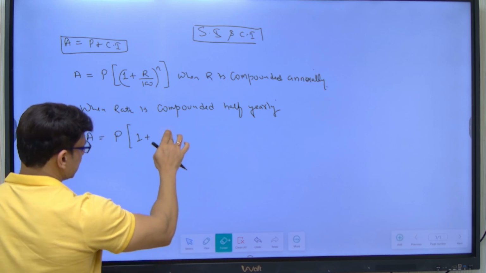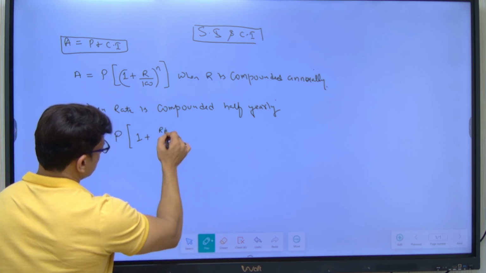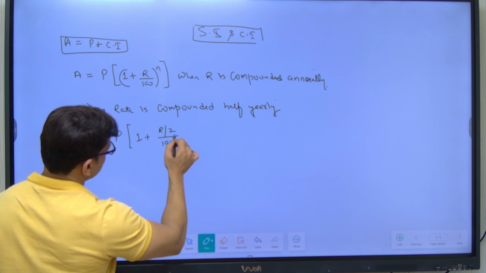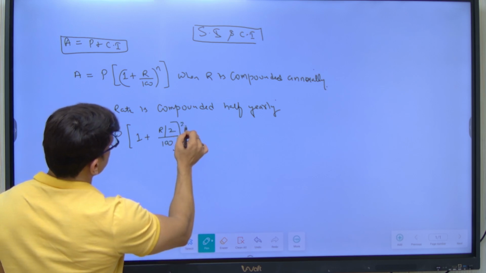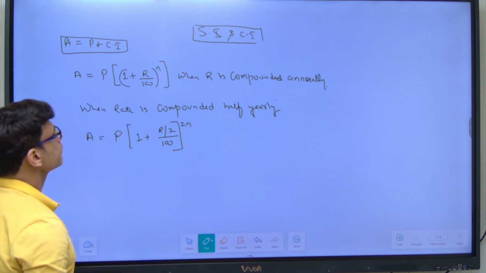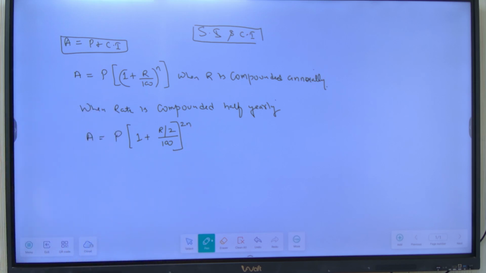You can also write it like this: rate becomes half and time period becomes double, 2n.